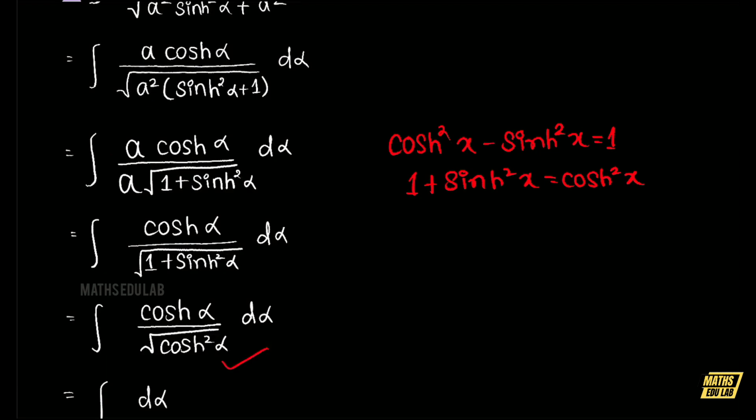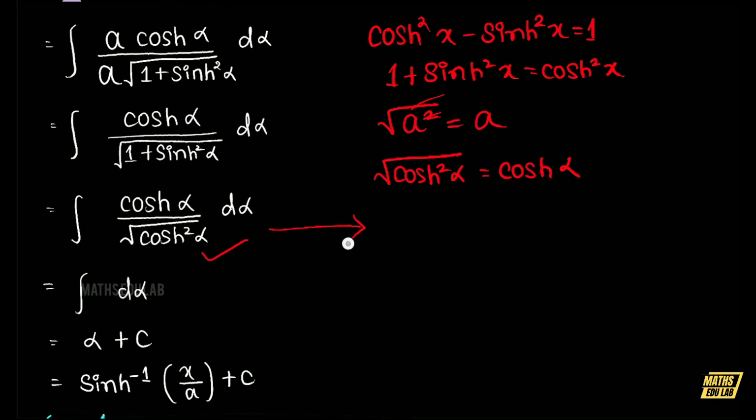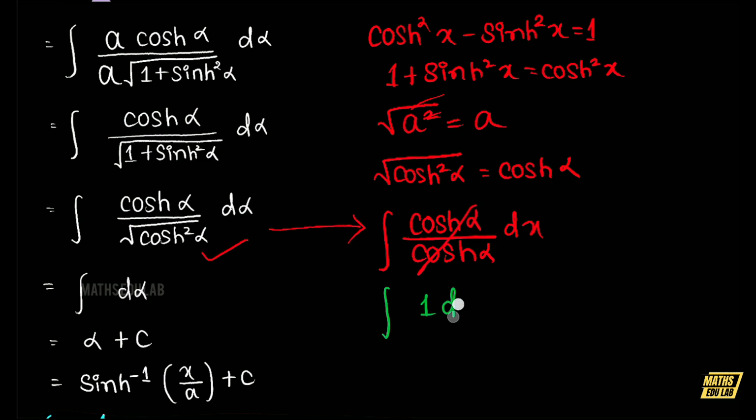Root over a square equals a, because these two values will cancel out. Similarly, root over cos hyperbolic square alpha equals cos hyperbolic alpha. Then this step is integration of cos hyperbolic alpha upon cos hyperbolic alpha d alpha. On cancelling, we get the value 1. Then integration of 1 d alpha, not dx, is alpha.